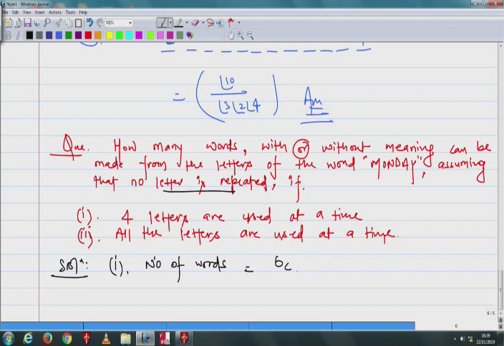Choose any 4, 6C4. You will choose any 4 letters out of the given 6 letters. For example, I have taken MODA, these 4 letters. Now, in how many ways can you arrange them? 4 factorial. So that's your answer.